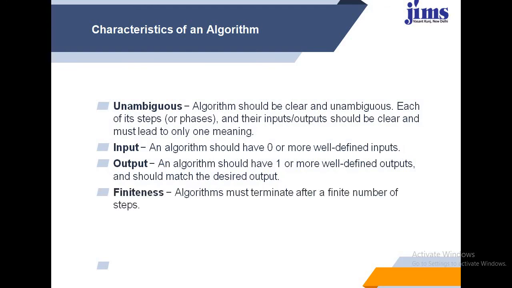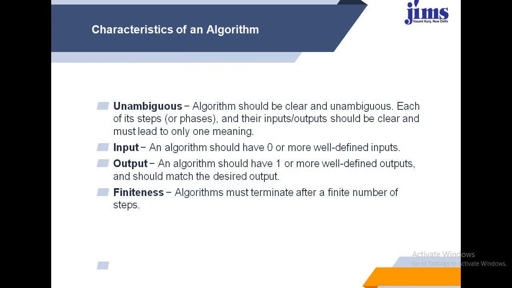And next is finiteness. Your algorithm must be terminated after a number of steps. Otherwise, what will happen? Otherwise, you are not terminating your algorithm, and it will move infinitely.